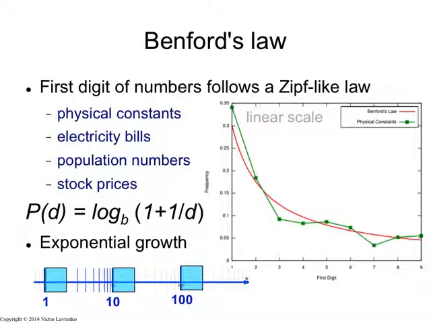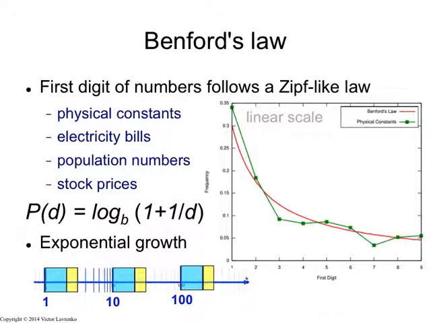It's 1 everywhere in here, so 10, 11, 12, and so on. It's 1 everywhere between 100 and 200, the first digit is always 1. And that amount of time is greater than the amount of time that the process spends with digit 2, and that's greater than it spends with digit 3, and so on and so forth. So that is a possible explanation of Benford's law.